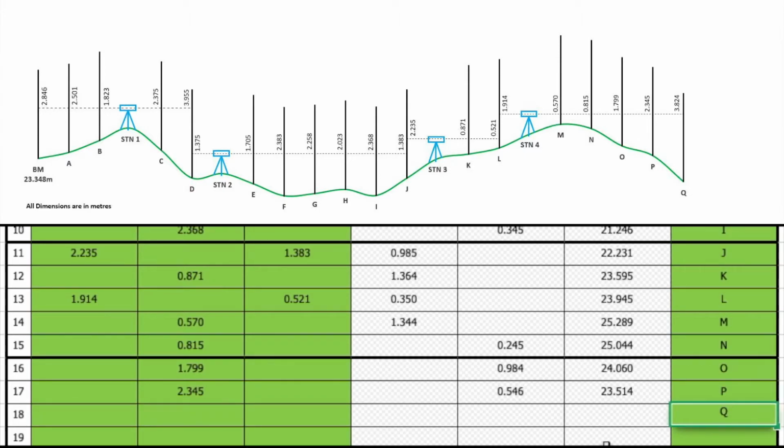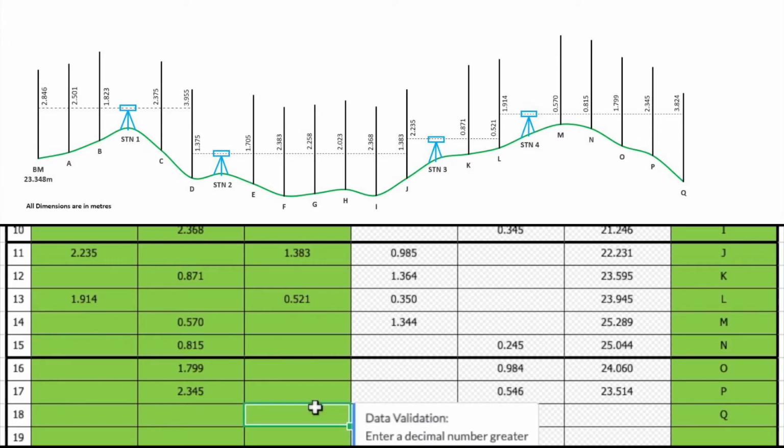Point Q, this is the last reading we take at station 4, therefore it is a foresight reading entered underneath the foresight column, 3.824. All the values have now been entered into our spreadsheet calculator.